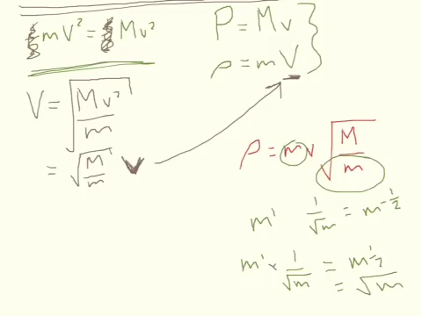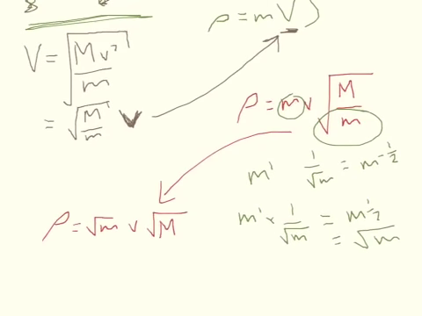Okay, so we can rewrite this as small momentum equals square root m times velocity times square root large M, which means we can rearrange it just ever so slightly to put the V over here.